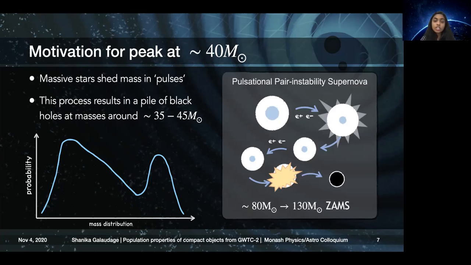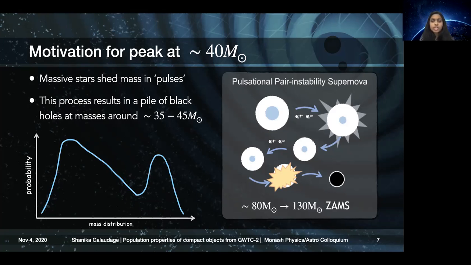And these stars shed their mass in pulses. And as they shed this mass down to masses less than these 80 solar masses, you have a range of stars that have now become similar mass stars, and they undergo a supernova and collapse down into a black hole.